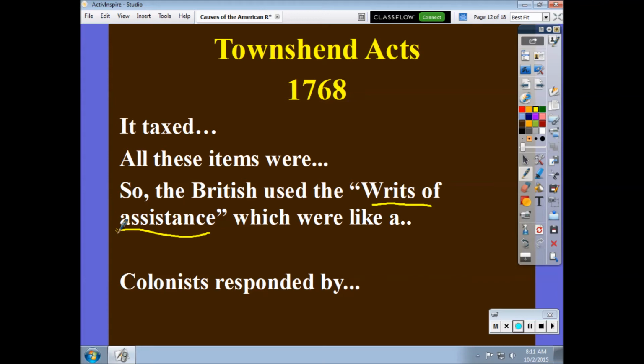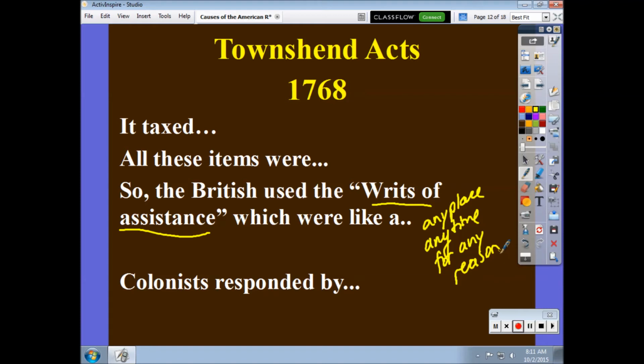The writ of assistance, however, was part of the Townshend Acts in terms of it being law, and what it allowed people to do is the stamp master, with the help of the redcoats, were allowed to search any place at any time for any reason. So it was an open invitation to search for, and again, what they're looking for is smuggled goods.